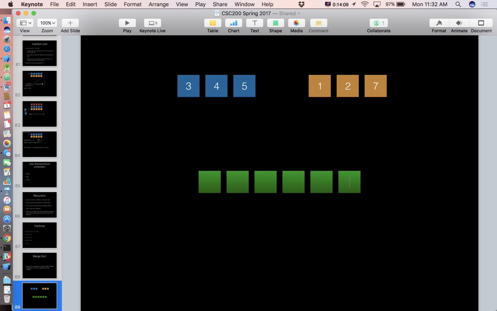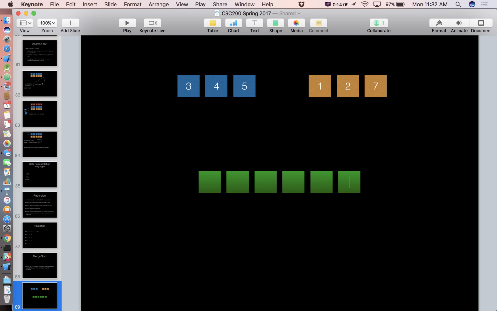Okay, so we have our landing zone. We have 6 buckets we're trying to fill with numbers. We know that this list is sorted in and of itself, and that this list is sorted in and of itself. I'm not even going to throw any variables in here right now. We're just going to solve this as people, but maybe start thinking about the variables that might be involved. I'm going to put these 2 lists in competition.